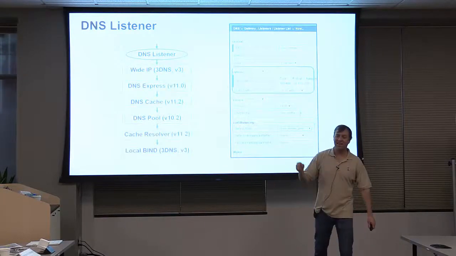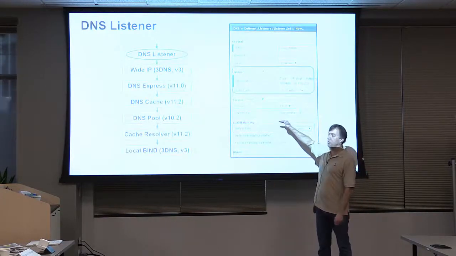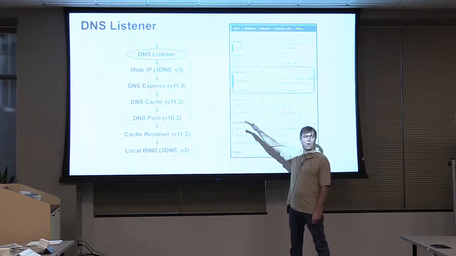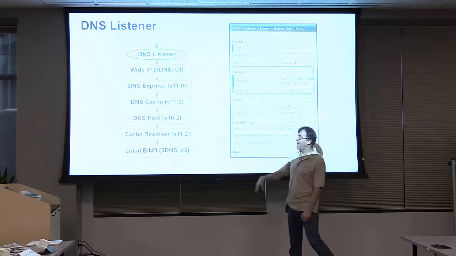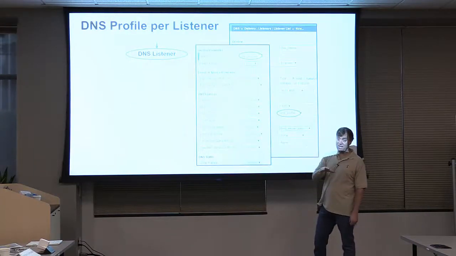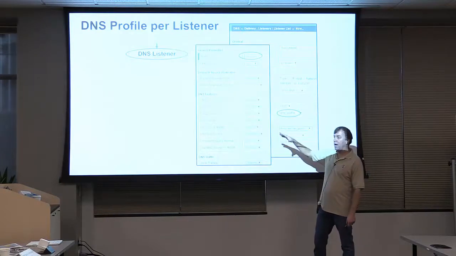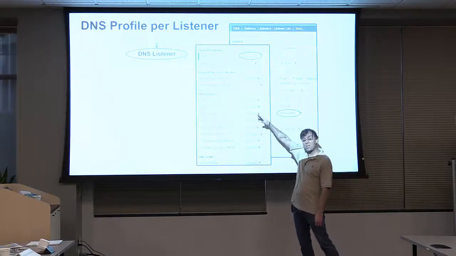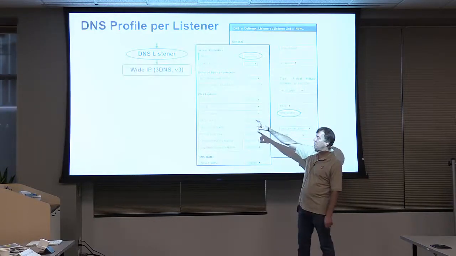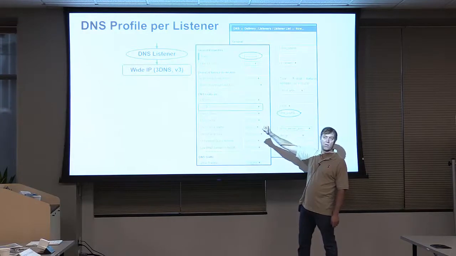Surprise, surprise, right? And in that DNS profile are all of these configuration settings, the DNS Express. So let's go look at that. In the DNS profile, one thing that's nice is you'll notice they're all in order. These are the default settings shown on this screen, right? And they're all in order, right? So at the top, are we going to do intelligent load balancing or not?